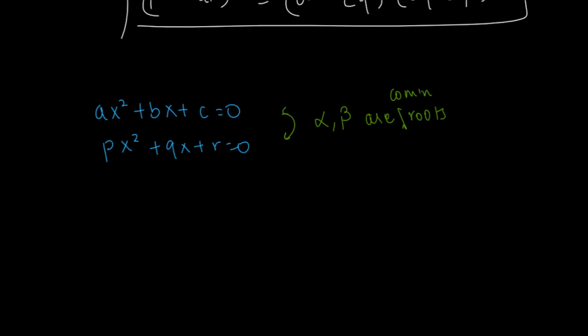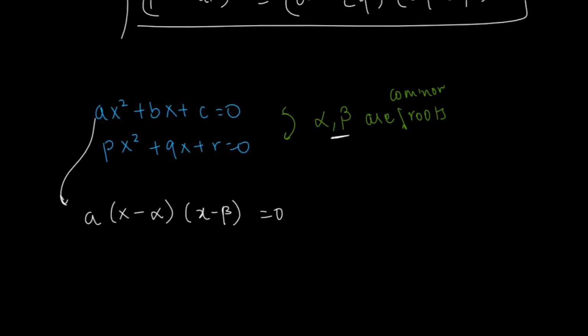Now, in this case, you might be tempted to go for the computational part, but what's really interesting right here is that a quadratic is actually determined by its roots, by two of its roots, and in this case, both of them are common. So if you just took ax squared plus bx plus c, you could have written this in the form of a times (x - alpha)(x - beta).